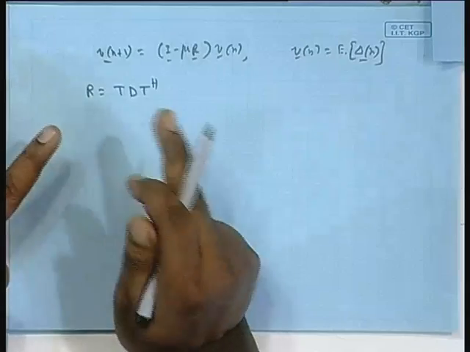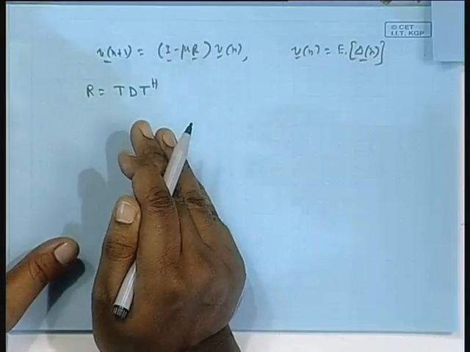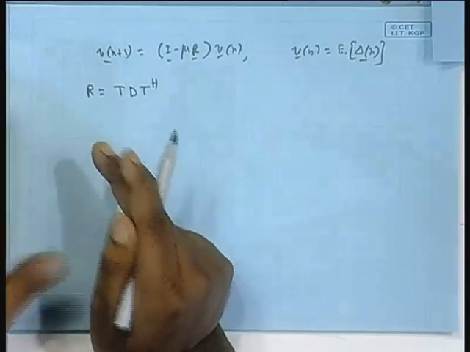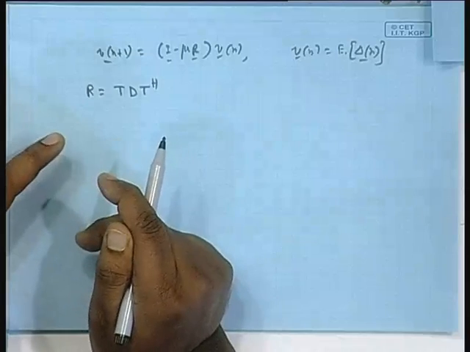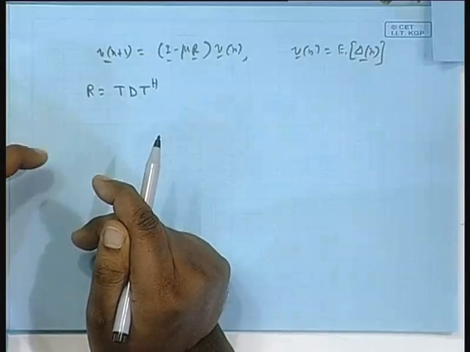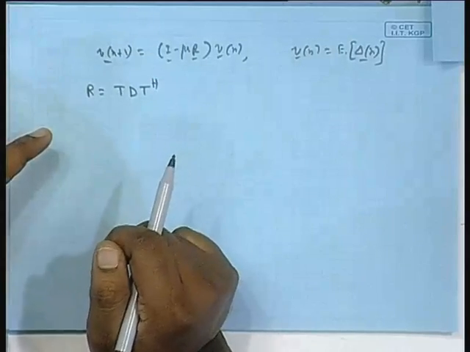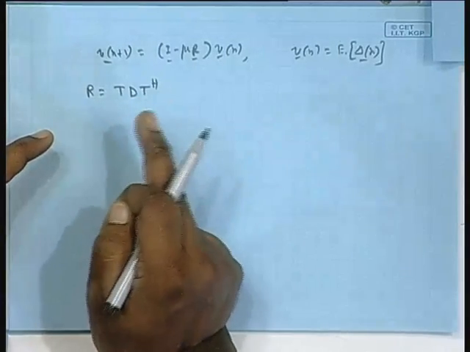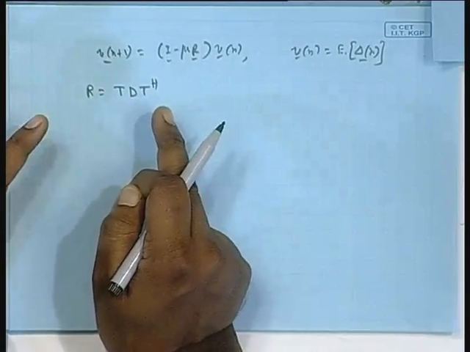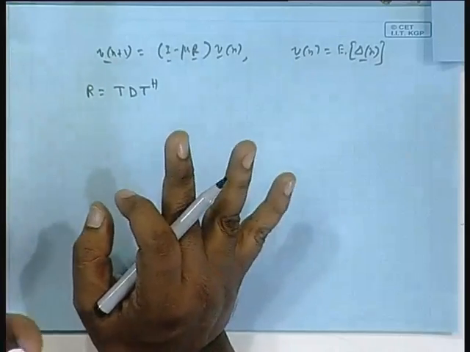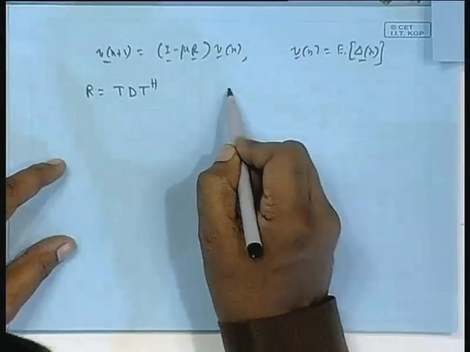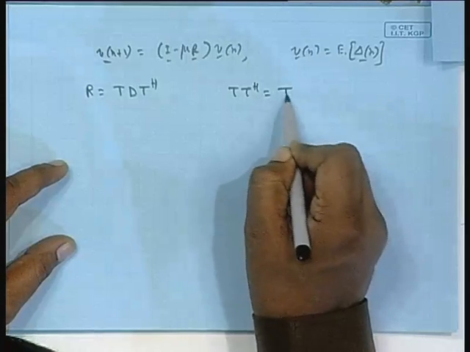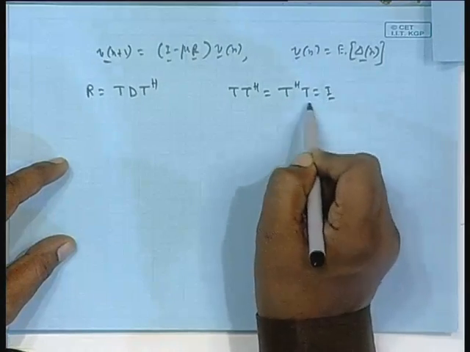One column Hermitian times another column is 0, and you can take the norm of each column to be 1. You can normalize it, you remember. So, that is why T into T Hermitian was identity, T Hermitian T was identity, we call them unitary matrices.